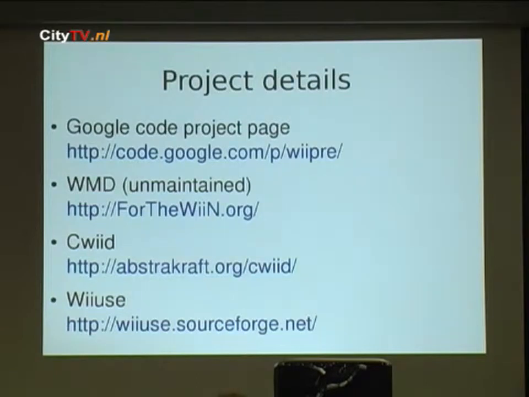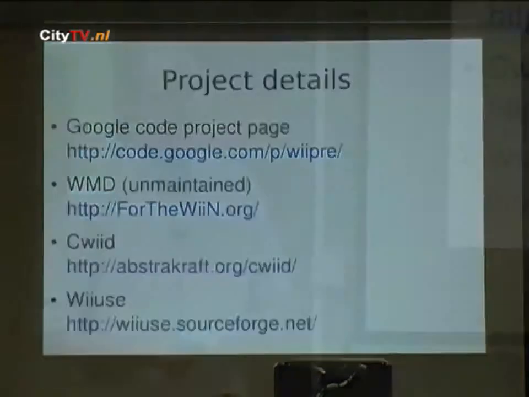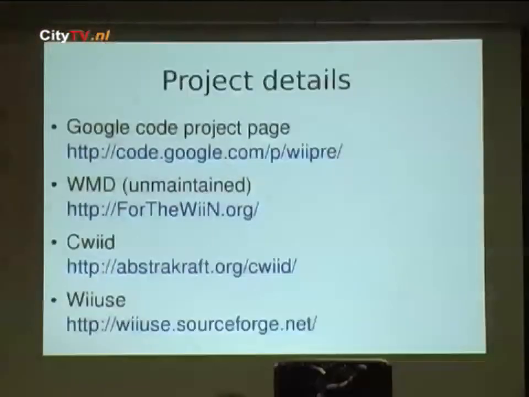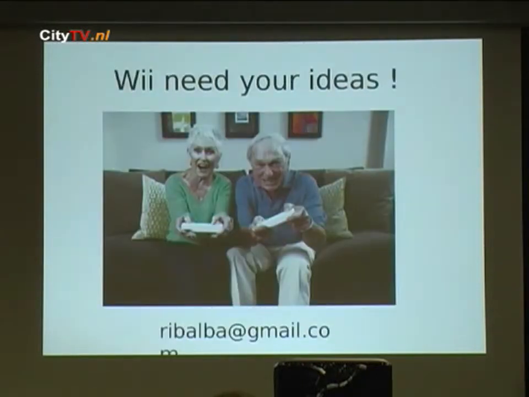I want something that's actually designed, not just some kid sitting in a dark room hacking up something. Something that's maintained. VMD. Those are all the libraries, the main ones you find. There are quite a few others, but those were the most complete, let's say. Now we need your ideas.